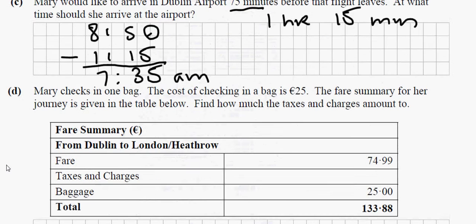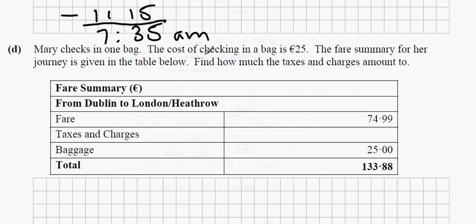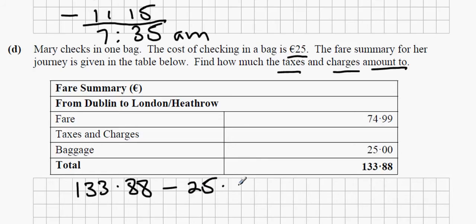Mary checks in one bag. The cost of checking in the bag is €25. The fare summary for her journey is given in the table below. Find how much the taxes and charges amount to. Okay, so we have to find out basically the total is 133.88. Let's take away the baggage of €25. And then let's take away the fare, which is €74.99.